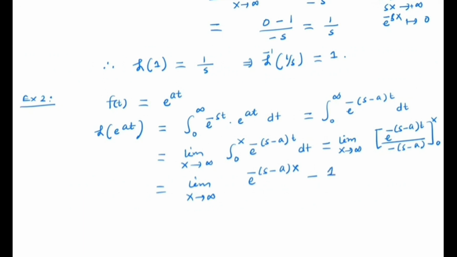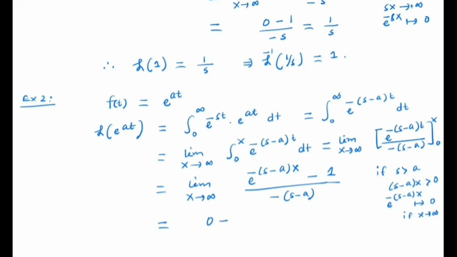All divided by minus (s minus a). Now here again note that if s is greater than a, then s minus a times x is positive. So e power minus (s minus a)x tends to 0 as x tends to infinity.